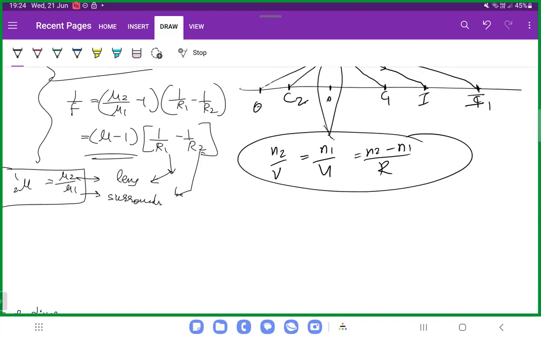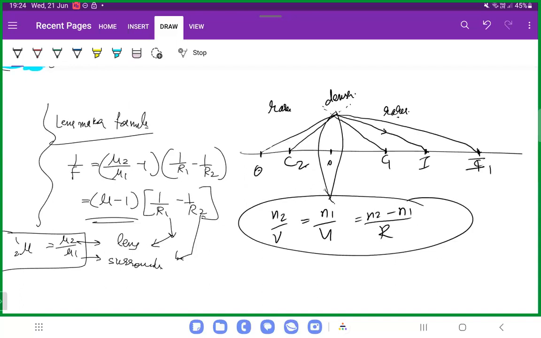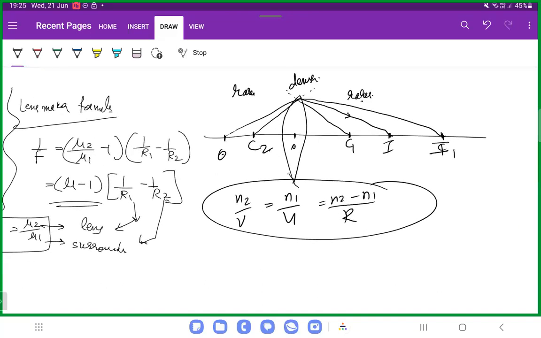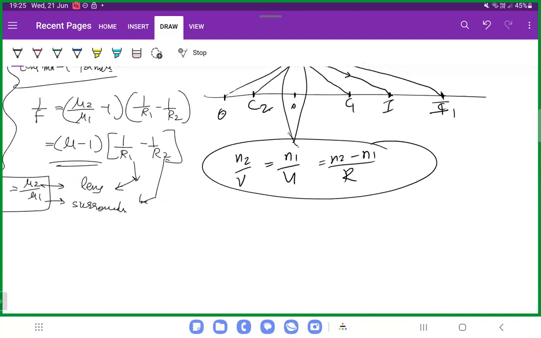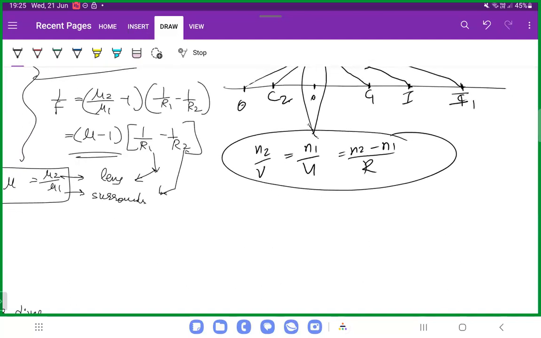So now what we'll do here, we'll consider this left side, one surface and the other side, the same way as we used to do. We'll consider this side here, N2 minus N1. This is not equal, I'm sorry. This should be a minus sign here.